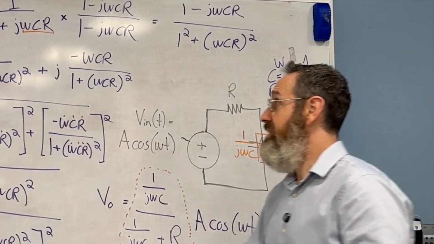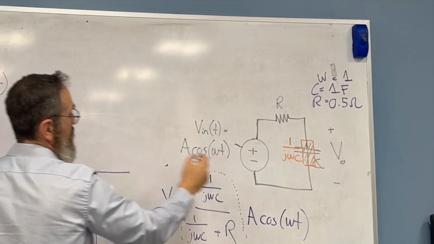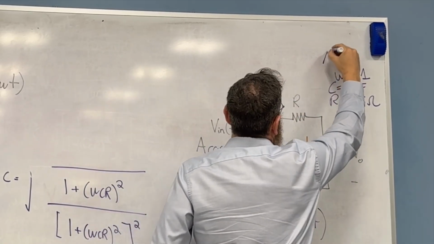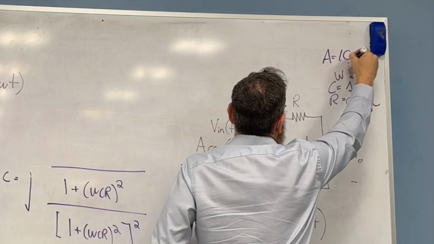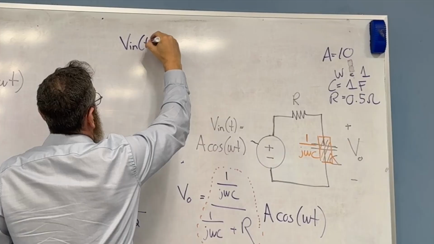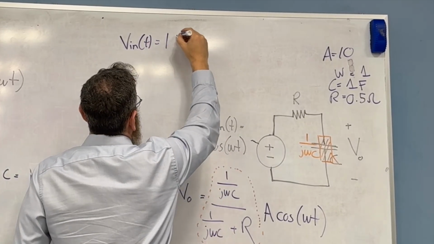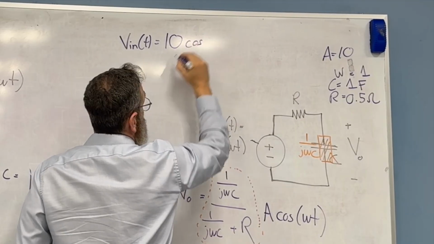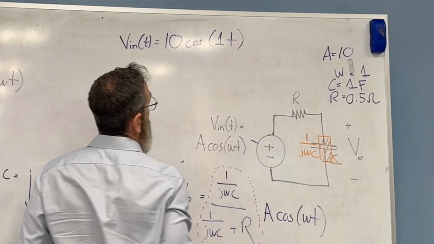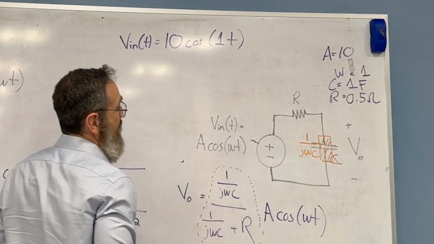And I'll give you an input too. A is equal to 10. So what that means is that V in as a function of time is equal to 10 cosine of 1t. And obviously we have a resistance and we have a capacitance here.